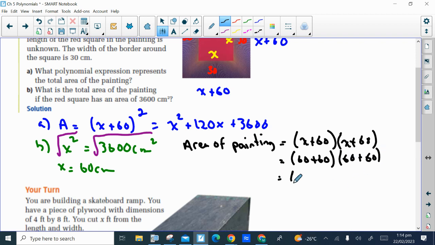Which means you're going to have 120 times 120, which is 14,400 centimeters squared. There's the area of the entire painting.